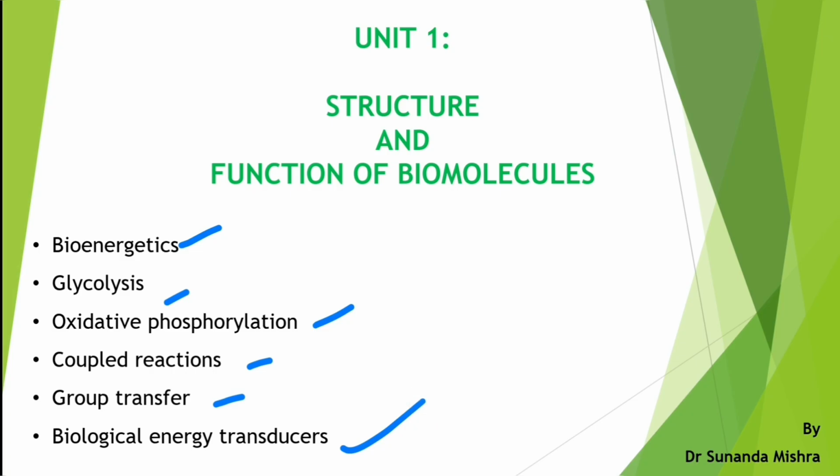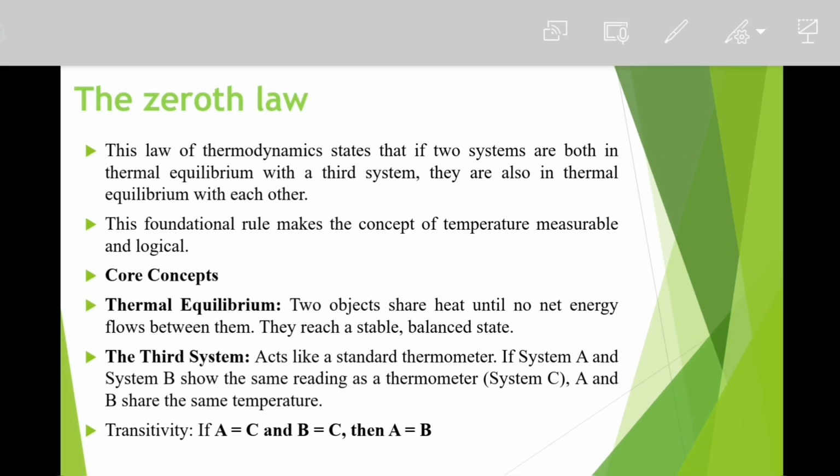So this unit 1 is a very large unit, consisting of many small yet very important parts. So in this video we will discuss these important concepts. So let's start.